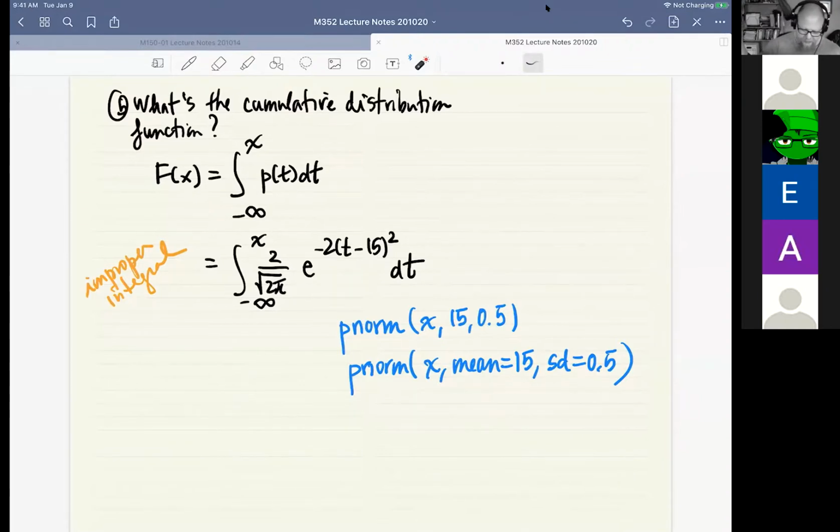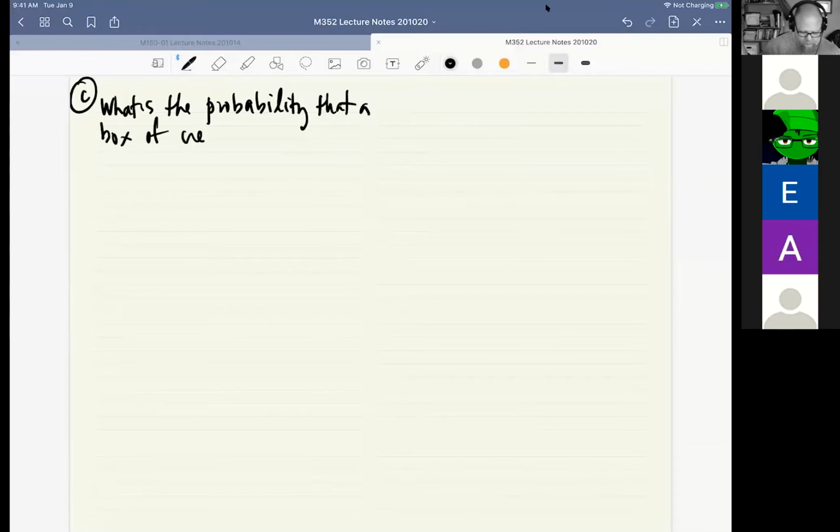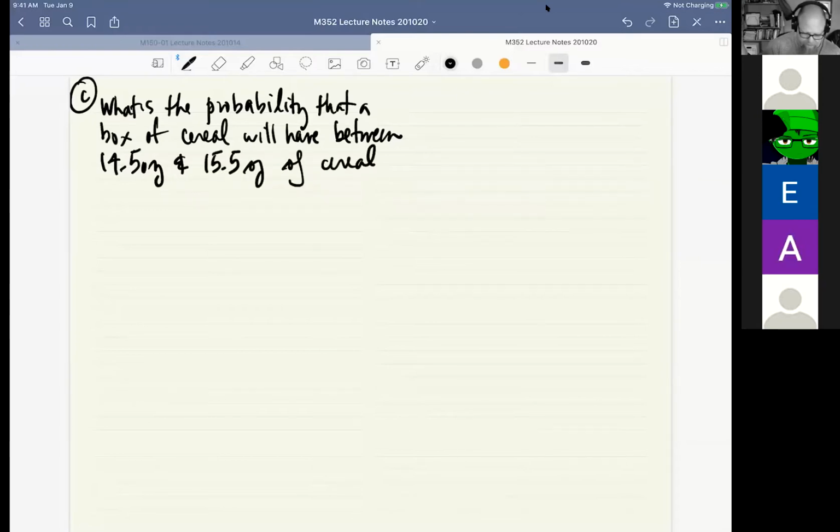So let's calculate the probability of some cereal. This is question C. What's the probability that a box of cereal will have between 14.5 and 15.5 ounces of cereal in it?